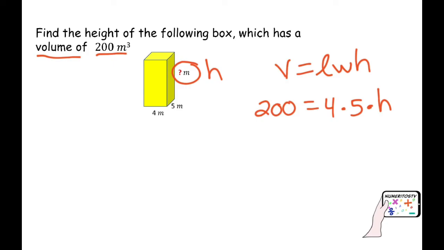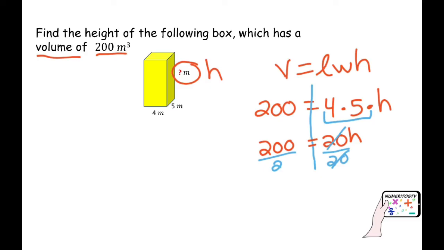Then, I am going to solve this equation. I need to isolate h. So, on this side, I can simplify 4 times 5. That is 20h, or 20 times h. And on the other side, I still have 200. I need to isolate h. I'm solving for that variable, so I can divide by 20.